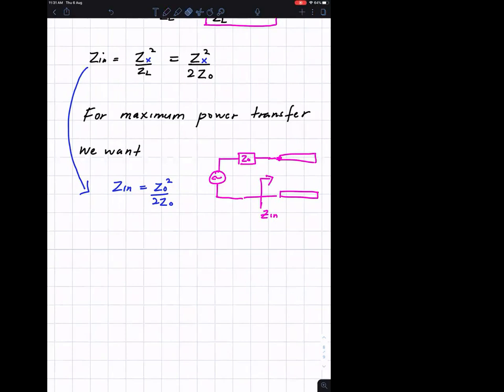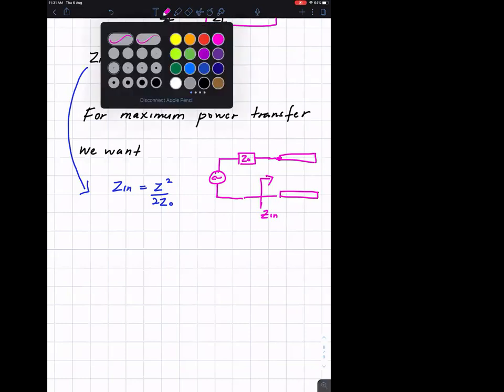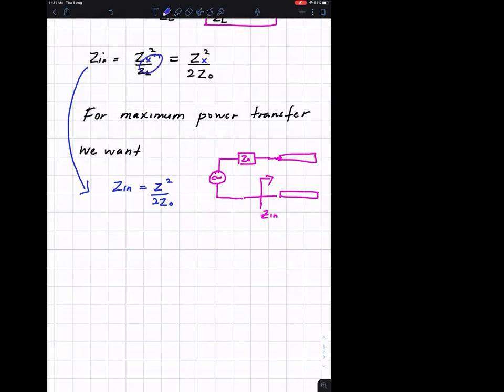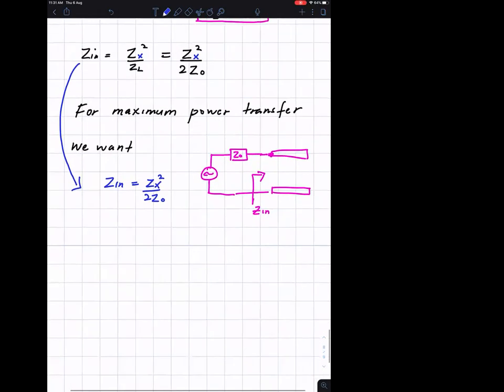Again, there's another subscript that I forgot to change here. It's a ZX. Remember, it's a ZX here, so I have to keep it ZX. So in order to get maximum power transfer, Zin must be equal to Z naught. Zin must be equal to the source impedance.